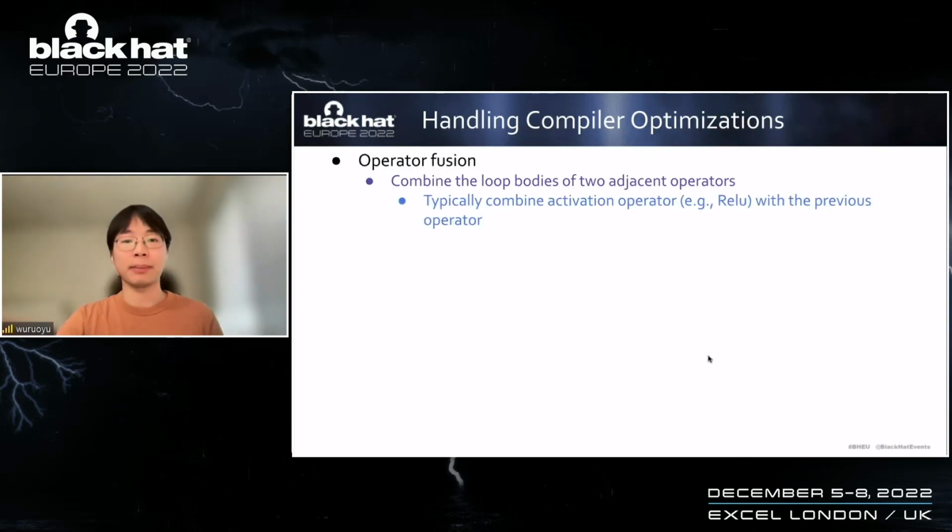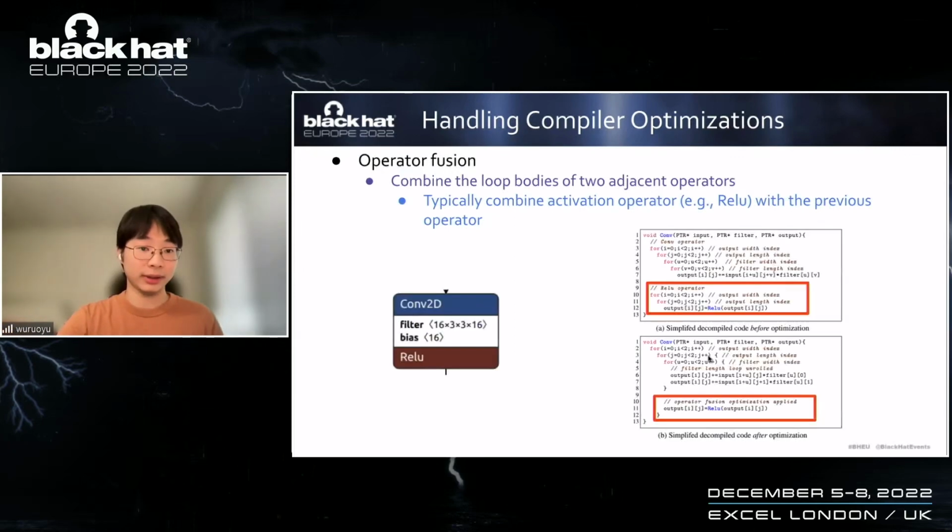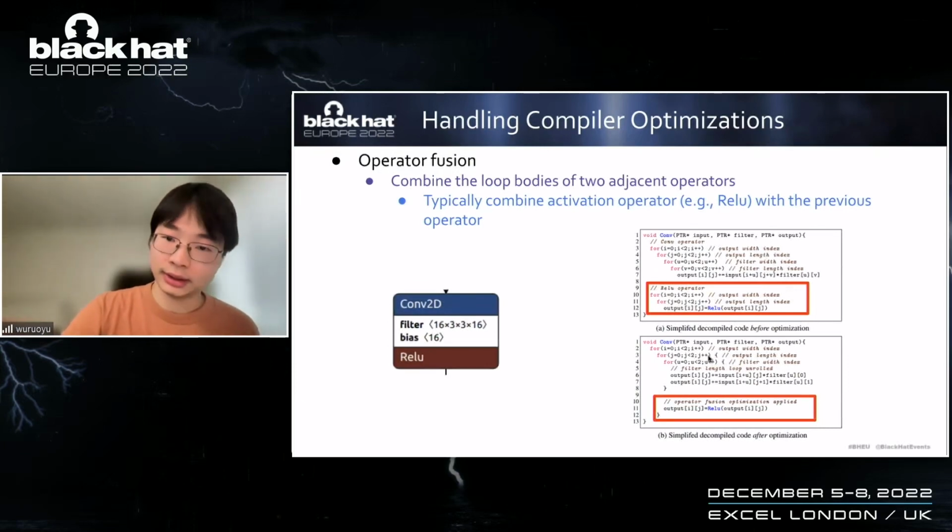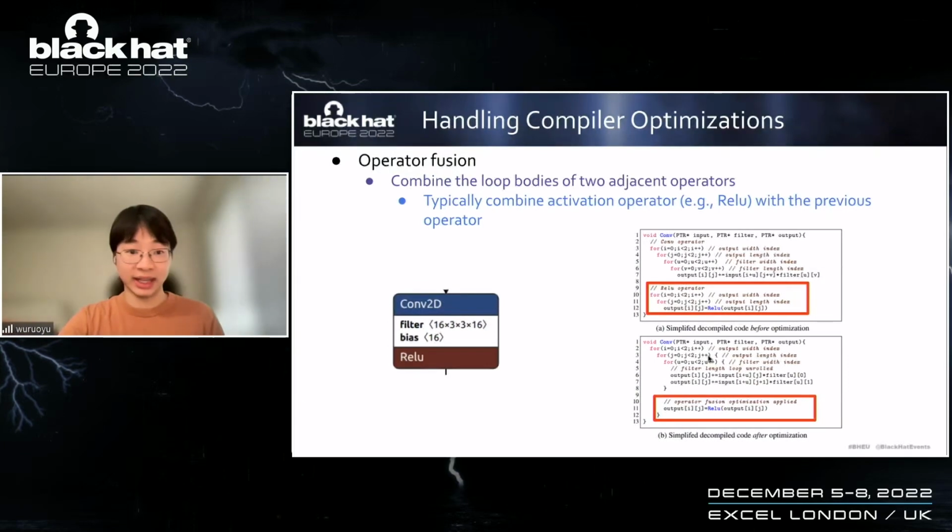Typically it combines an activation operator, for example ReLU, with the previous operator. The most typical scenario is where the compiler combines a convolution operator with a ReLU operator. In the code, you can see that before this optimization there are two loop bodies, and after the optimization they are merged into one, and the ReLU is merged into the previous operator's loop body.